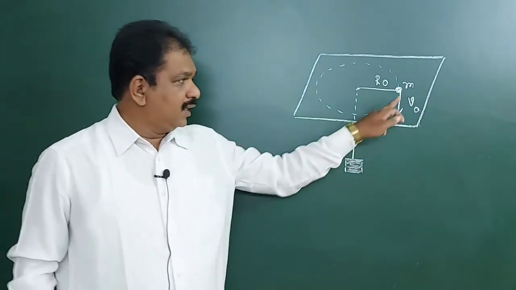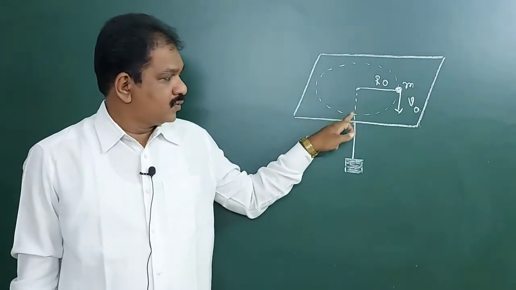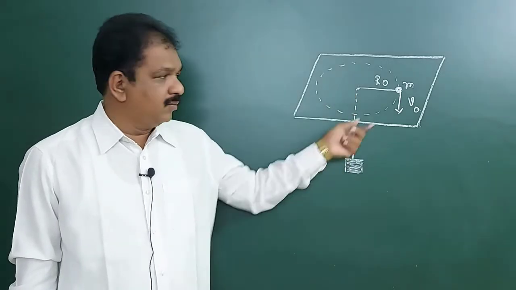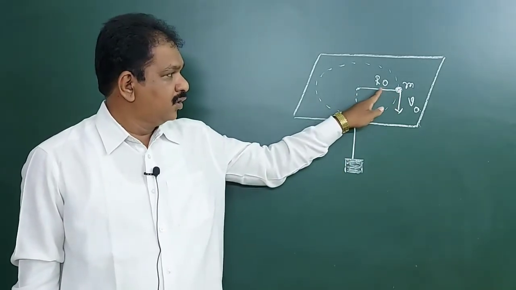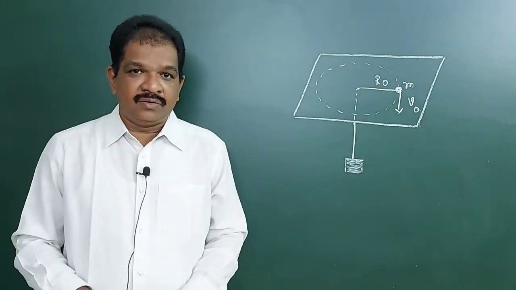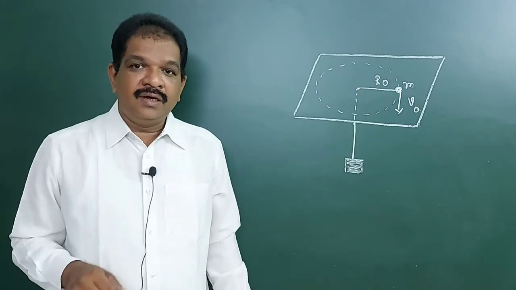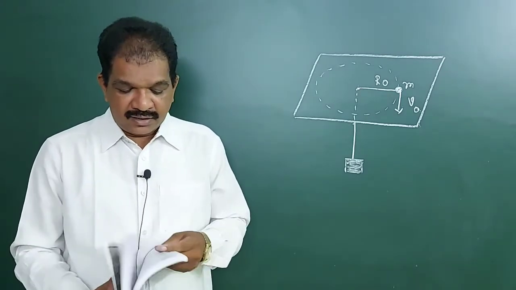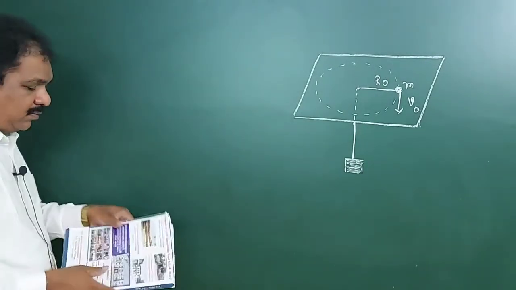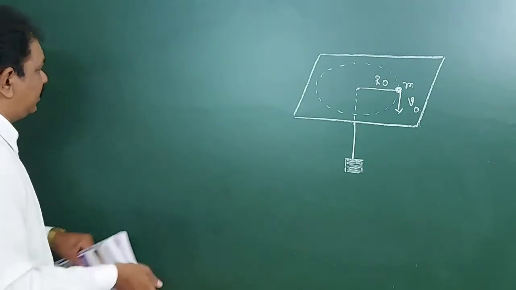Here we decreased this radius so that the tension in this string is increased, which means we brought this mass to here, so that r becomes r0 by 2. Then what will be its kinetic energy? That is the question. Here the law of conservation applies, problem number 33.